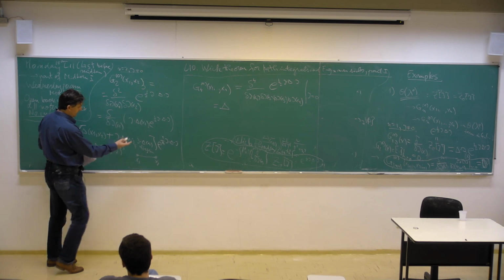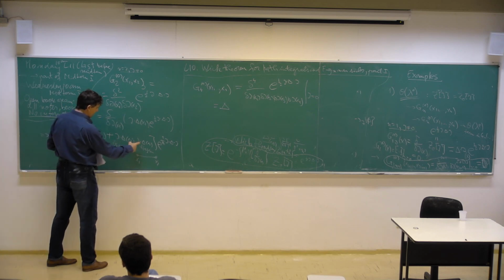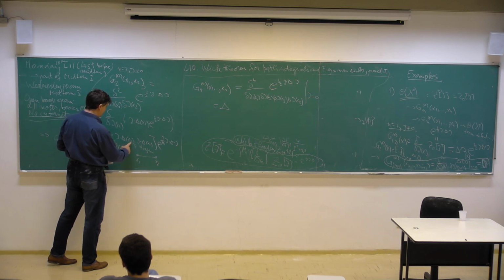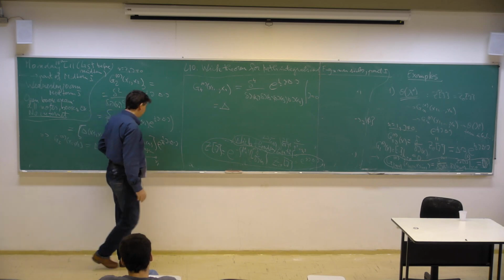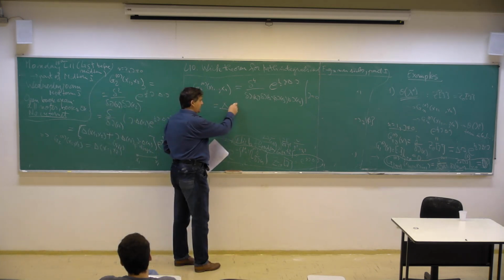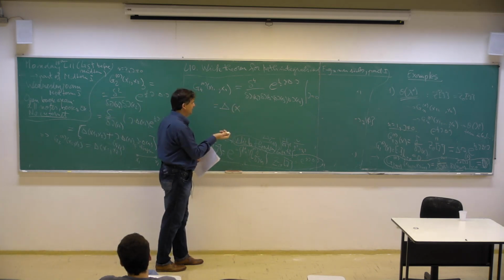But then I can have, for instance, the 2 derivatives acting on these 2 j's. So that gives me another delta f with x1, x3, and x2, x4, or reverse. So all in all, I get all the possible permutations, right?